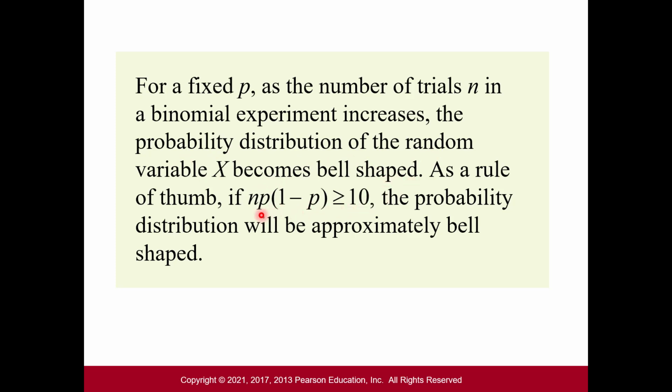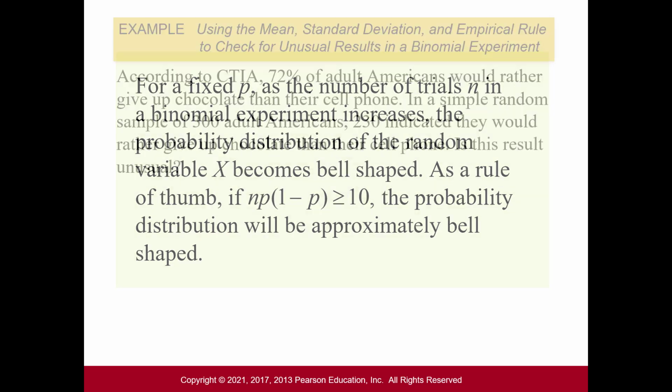And so a rule for us is that if n times p times 1 minus p, so the number of trials times the probability of success times the probability of failure, is greater than or equal to 10, the probability distribution will be approximately bell-shaped. So this is a nice fact for binomial probability distributions.